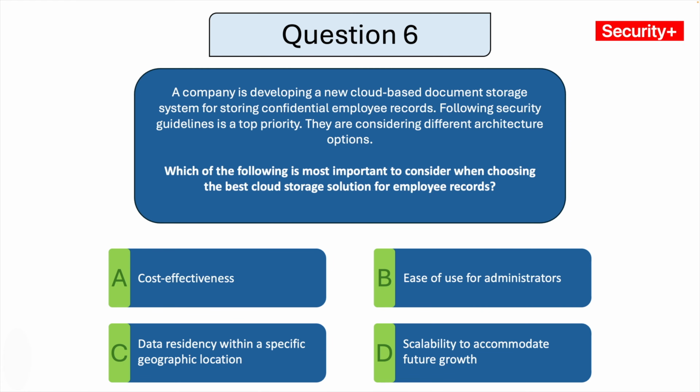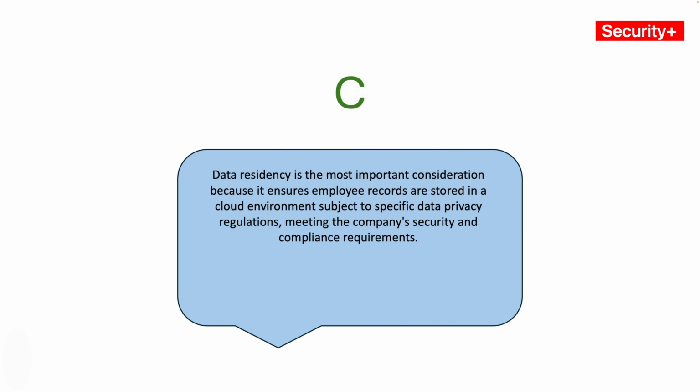So I'm going to go with C. Data residency is the most important consideration because it ensures employee records are stored in a cloud environment subject to specific data privacy regulations, meeting the company's security and compliance requirements.